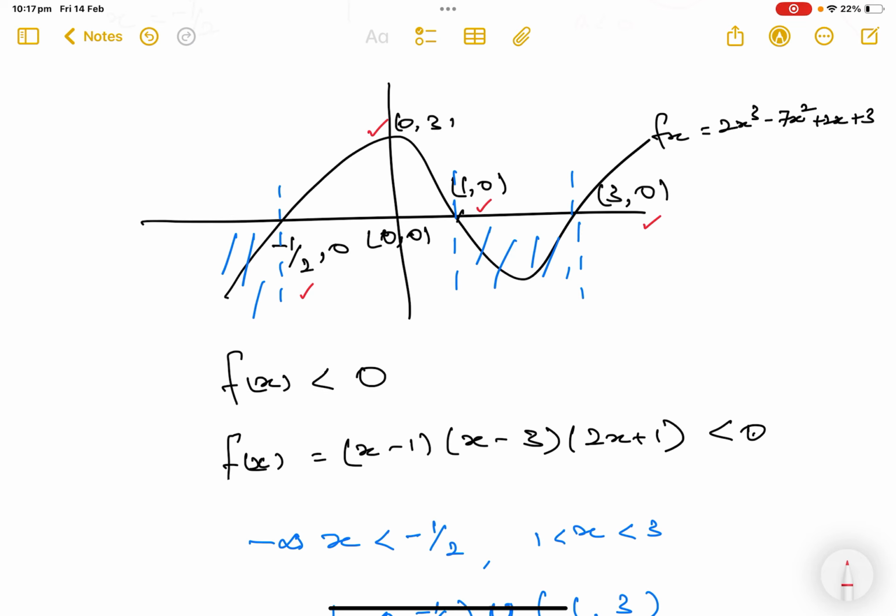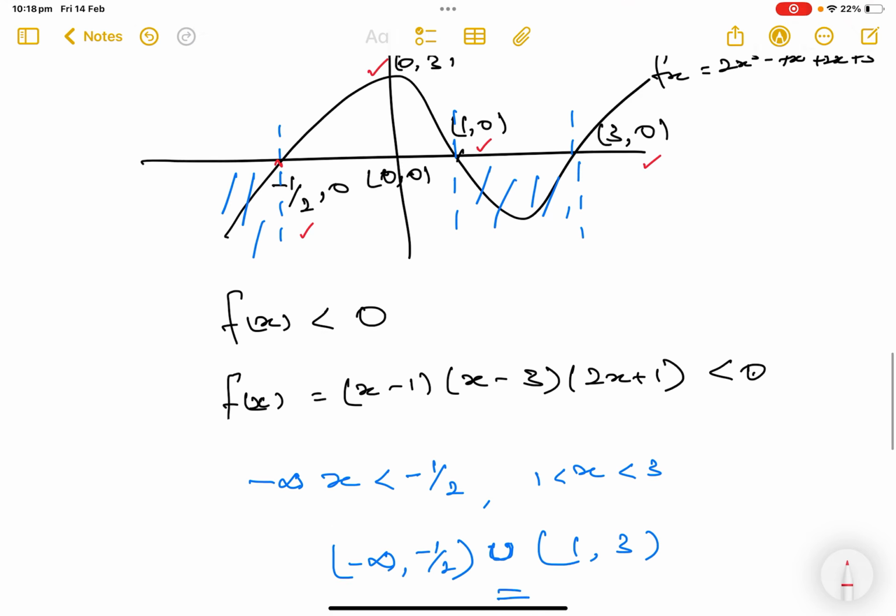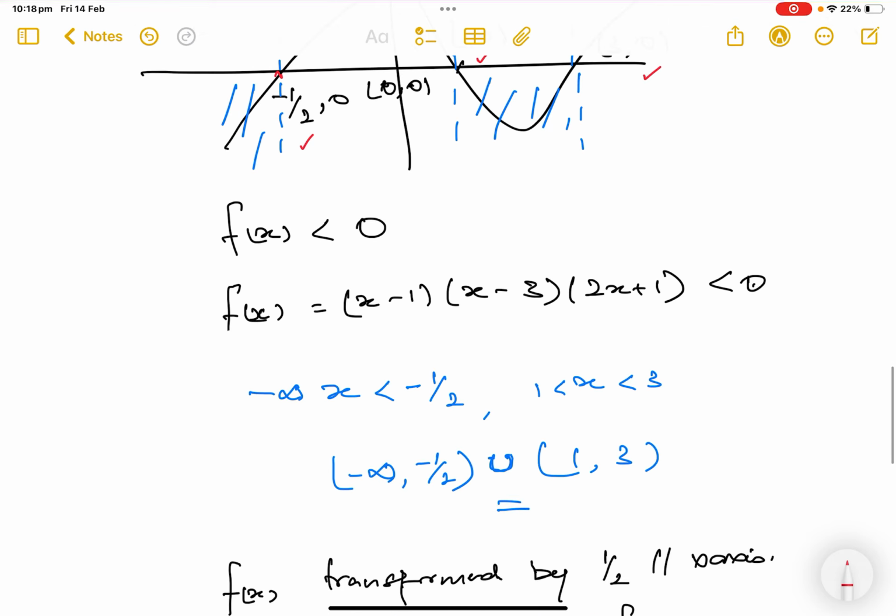So on the left-hand side of −1/2 is negative, and between 1 and 3 is negative. Those are the two areas. So less than −1/2, and then between 1 and 3. The inequality is satisfied for minus infinity to −1/2, and the other one is greater than 1, less than 3.